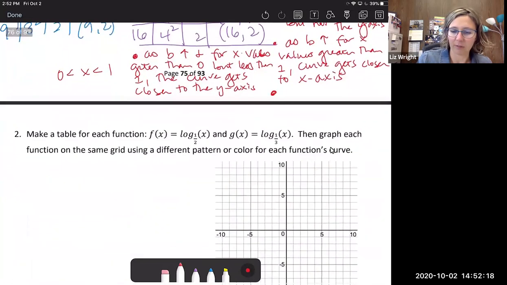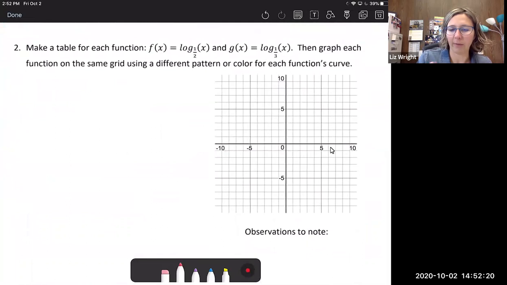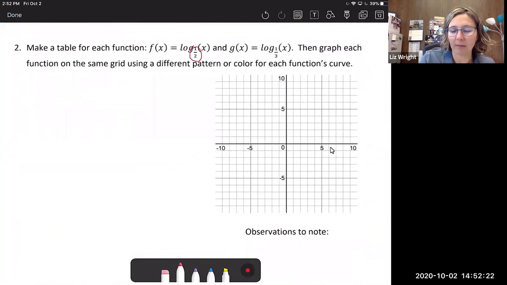All right, so now we're going to graph them for when our base is not greater than 1, but when it's in between 0 and 1. We're going to try those two. So what's our first step again? Always, always, always for log functions, we're going to convert.